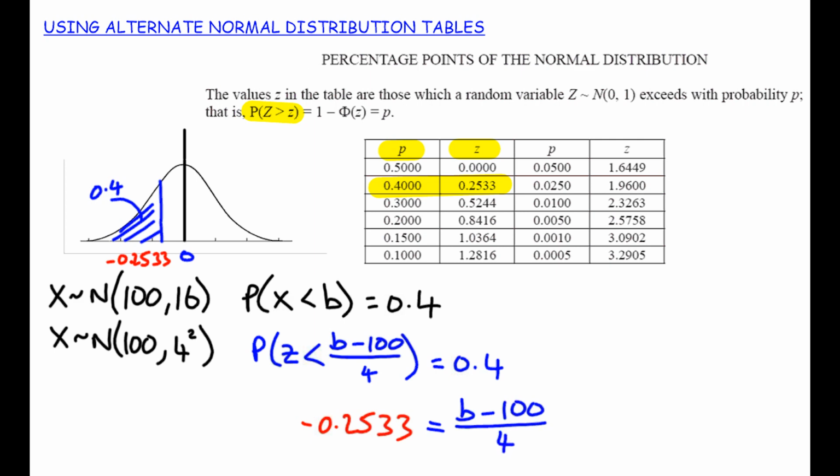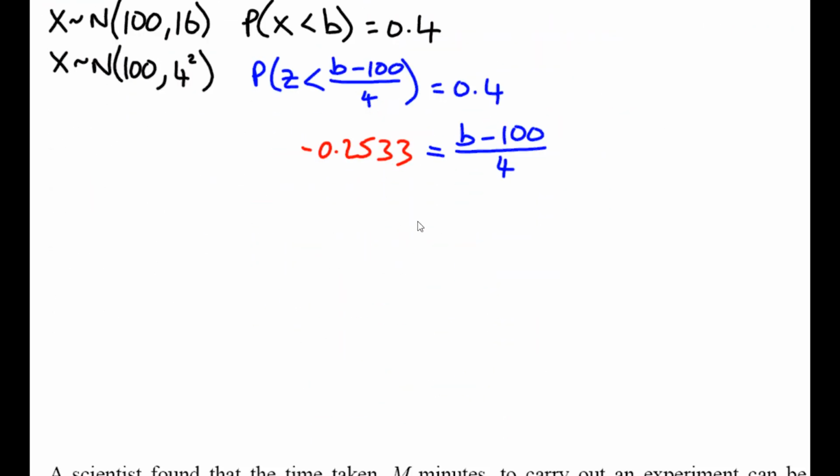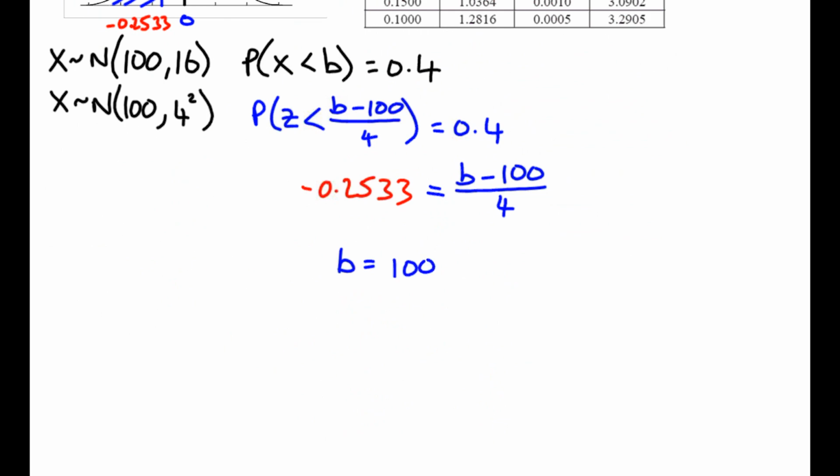All right, so some sensible rearranging is going to allow us to figure out the value of b. So b is going to equal 100 plus 4 lots of this negative 0.2533, and that leaves us with 98.9868.